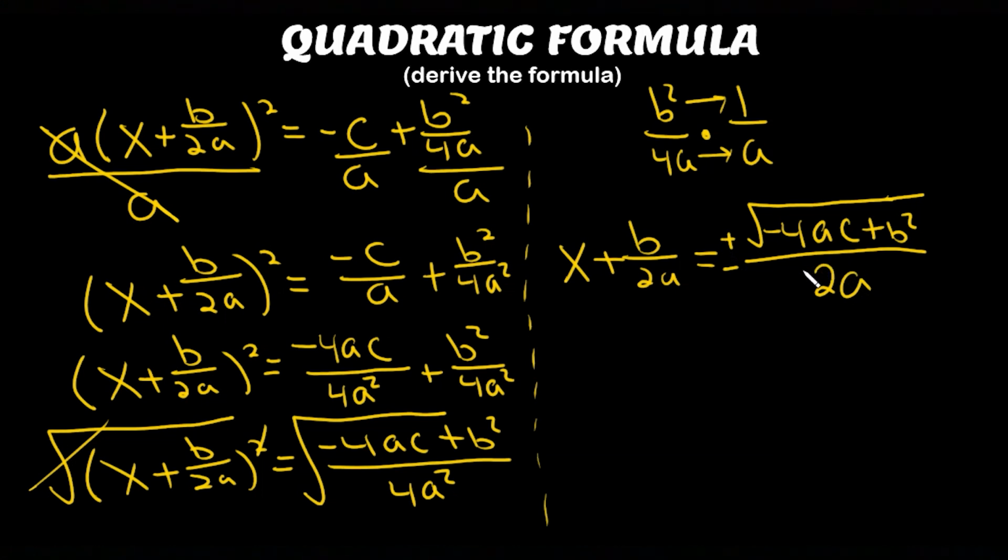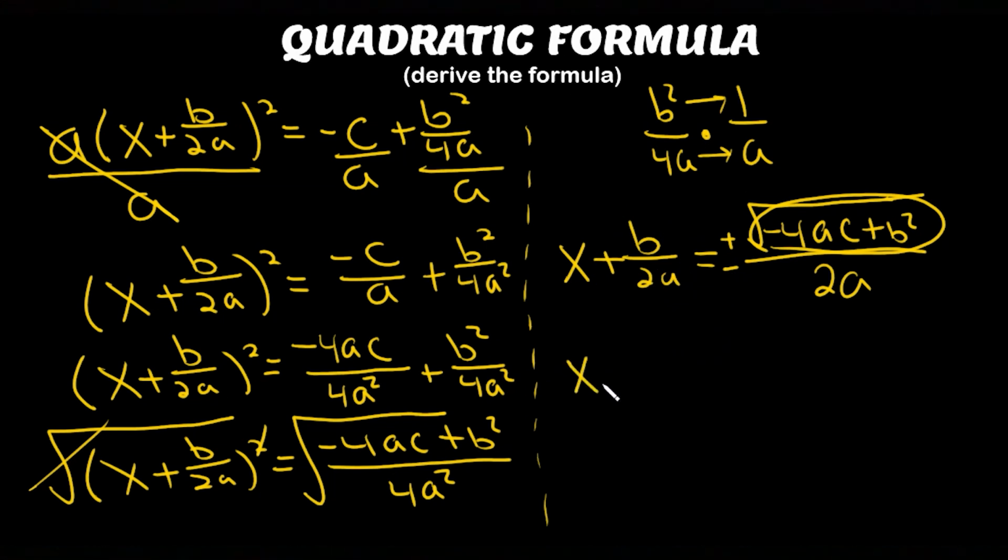And so what they did with the quadratic formula, they rearranged the terms to make it a little easier, to make it a little more organized. So you can see inside here, typically with the quadratic formula, it's b squared minus 4ac. So that's how we're going to rewrite it. That's fine. I mean, this is the same thing, but we're going to write it the way you typically see it. And then we just have to take this b over 2a and move it over. So we can actually do that all in one go.